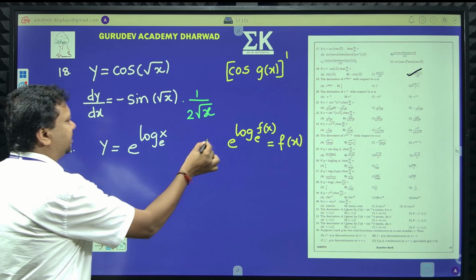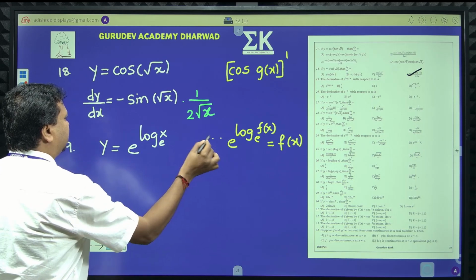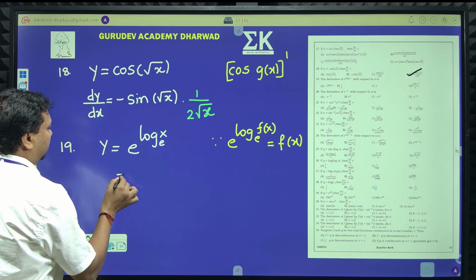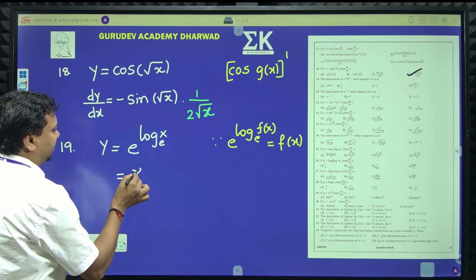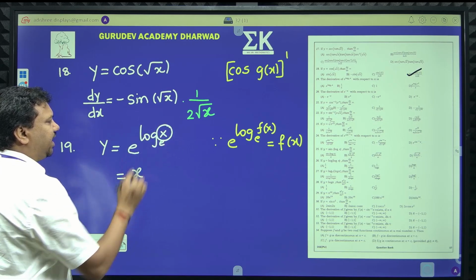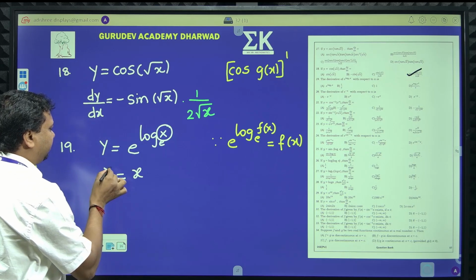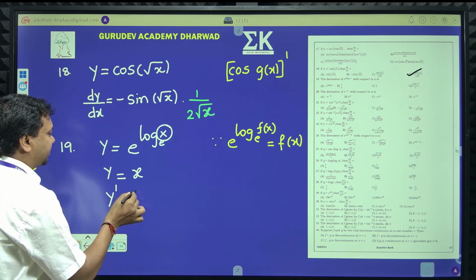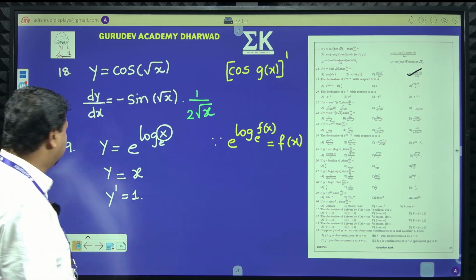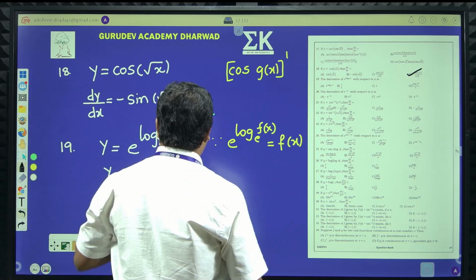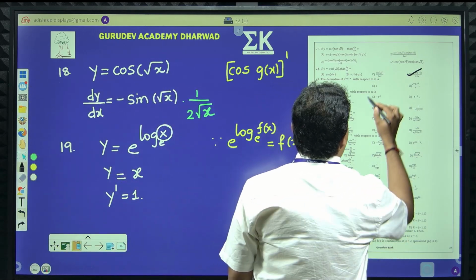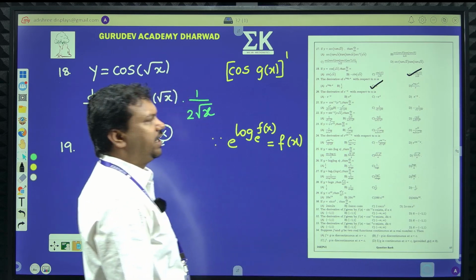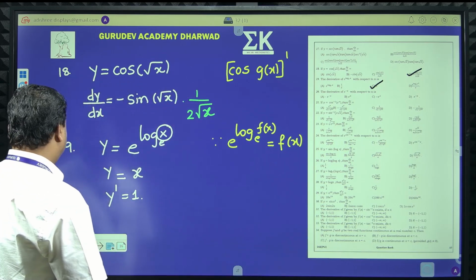Keeping this in mind, I will simplify, and f of x is x. So, the actual problem is y is equal to x. Then what is dy by dx? Is it equal to 1? That's it. Therefore, for 19, option C is the right answer. Let's go for the next one.